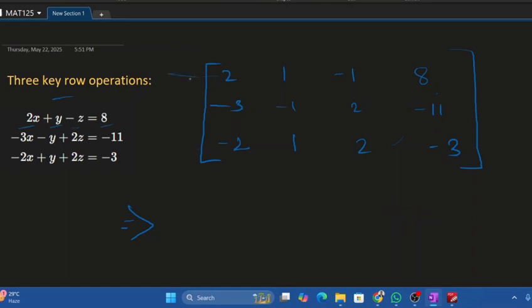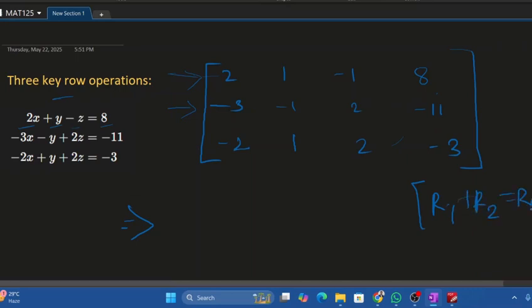For example, if we add row 1 and row 2, we can replace that result in any of these rows. If we add row 1 and row 2, we get row 1 prime, right?